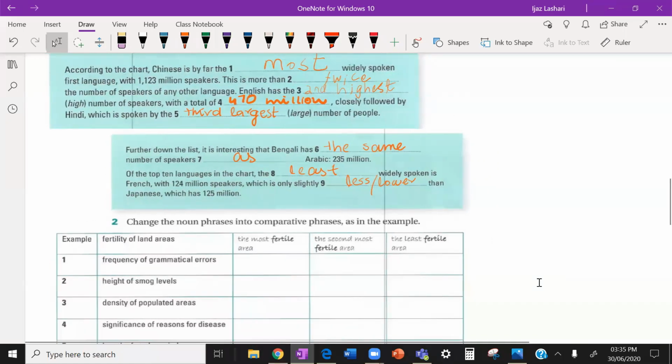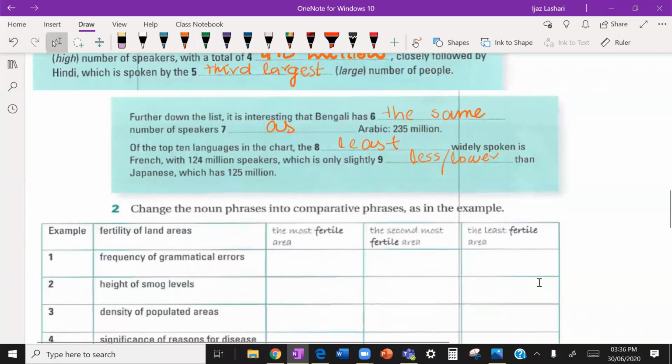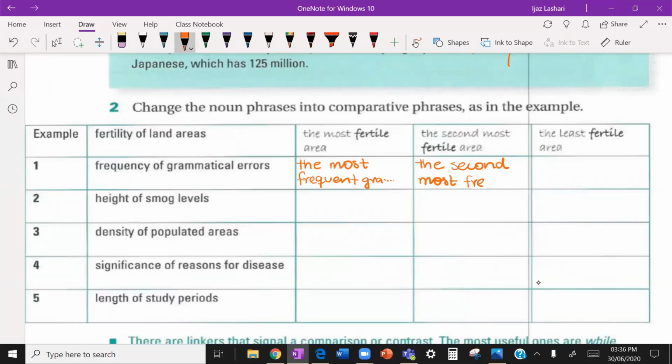We can say the most frequent grammatical errors. Yeah, that's right. And then we can say the second most frequent grammatical errors, and the last one is the least frequent grammatical errors.